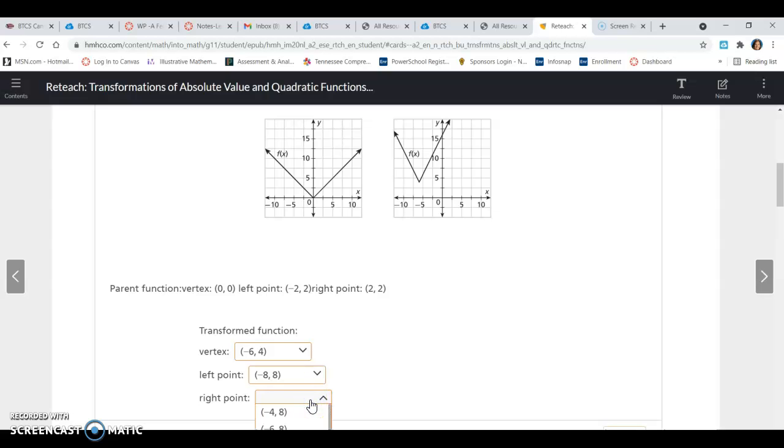All right, the right point, same thing. So we're going from the vertex. We're trying to locate this point, and I'm thinking it's about negative 4, 8.